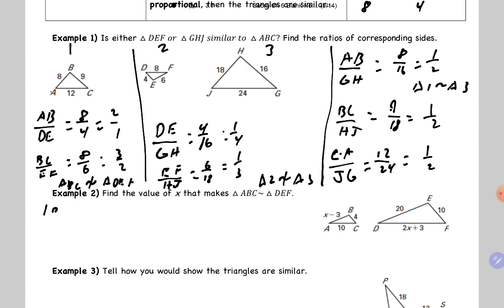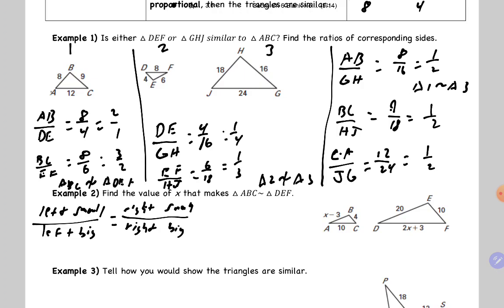I'm going to say left side of small over left side of big is equal to right side of small over right side of big. So x minus 3 over left side of the big, which is 20. Right side of the small is 4. Right side of the big is 10.